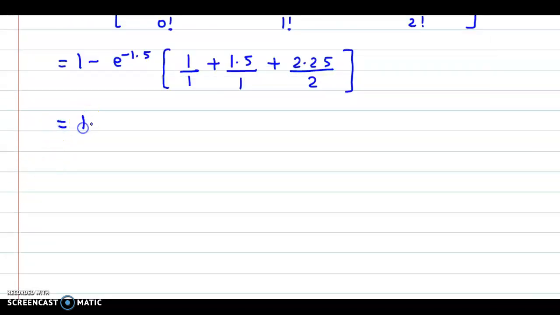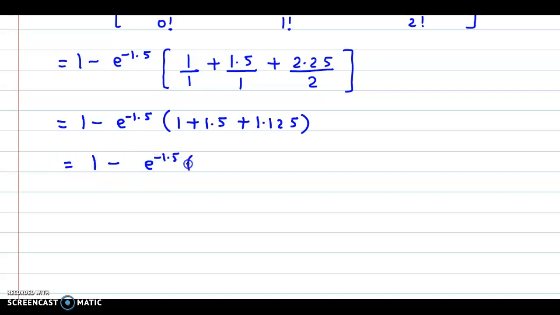So we have 1 minus e raised to minus 1.5 into 1 plus 1.5, and let us divide this by 2. 2.25 divided by 2 gives us 1.125. So we have 1 minus e raised to minus 1.5 into 1.5 plus 1 plus 1.125.